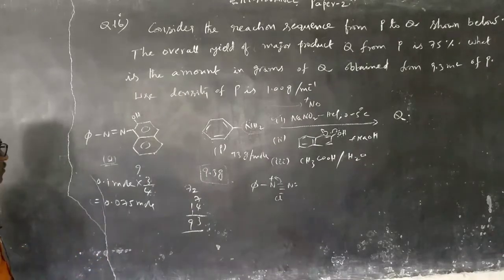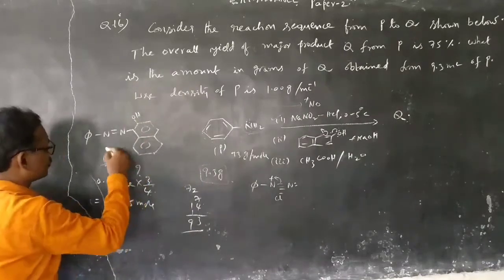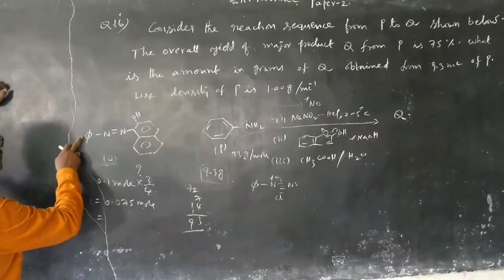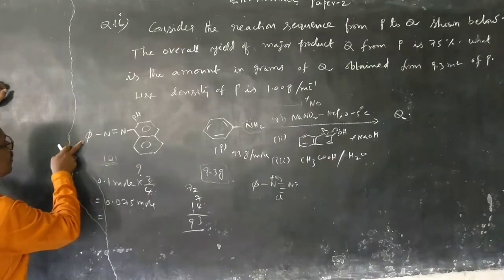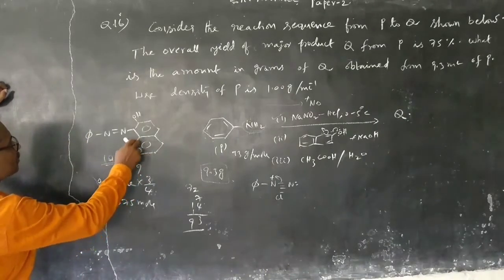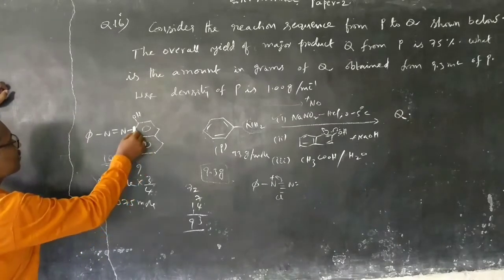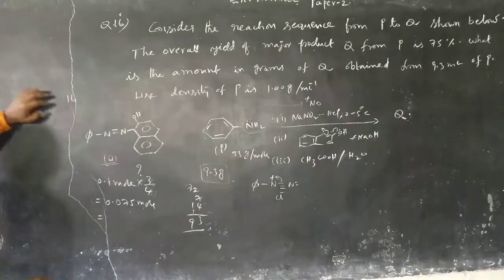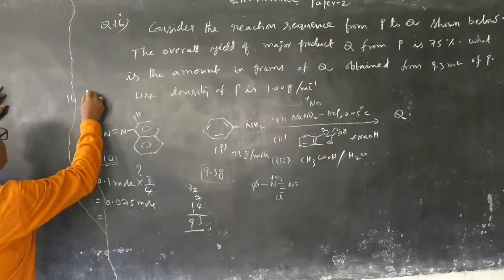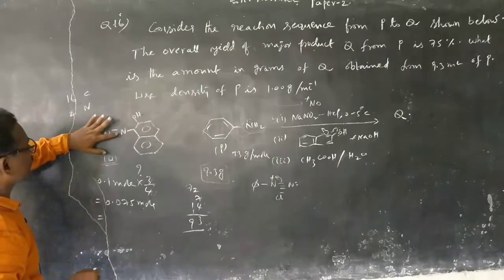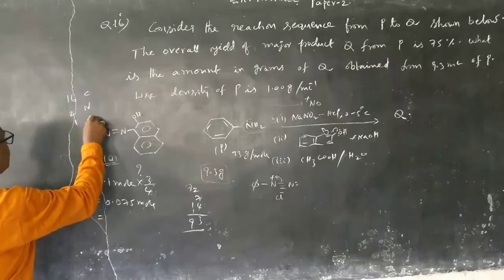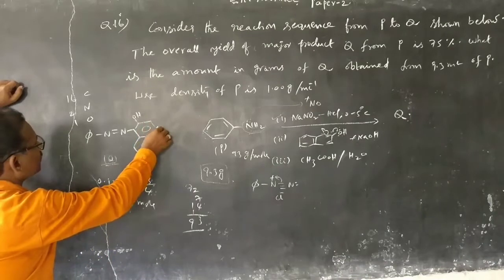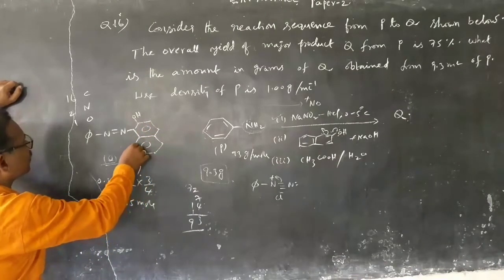It is asking in grams, so what is the molar mass of this compound? Here it is C6H5, with 6 carbons, and the naphthol part has 10 carbons. 10 plus 6, 16 carbons are there, 2 nitrogens, and 1 oxygen, and hydrogens are about 5, 6, 7, 8, 9, 10, 11.